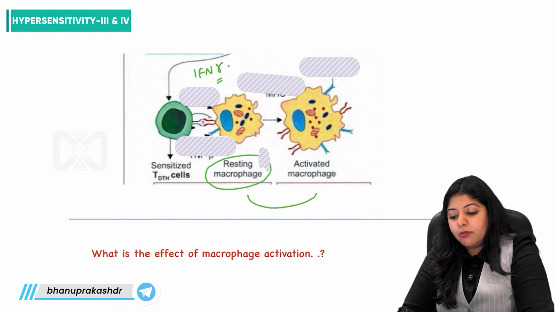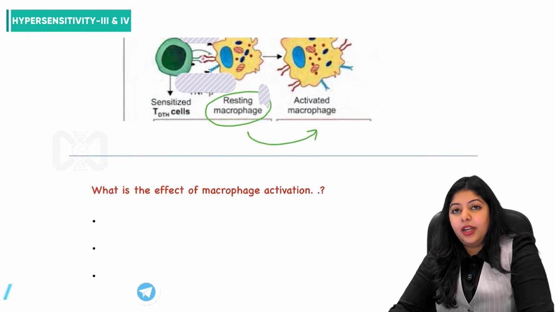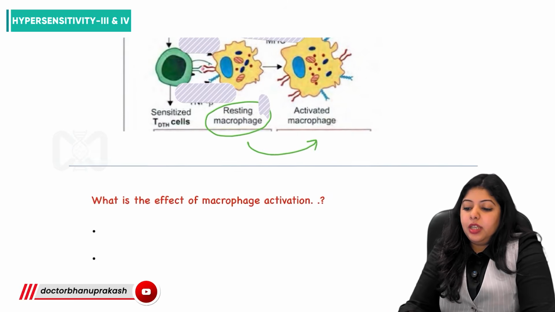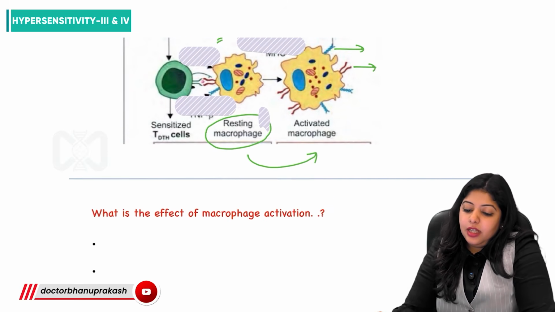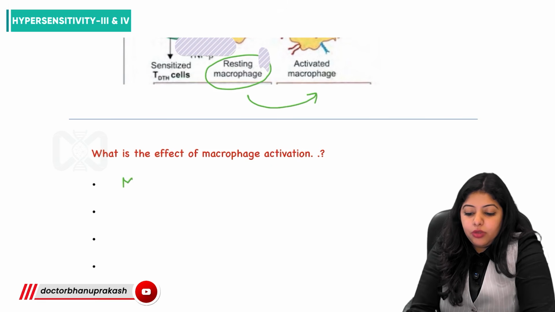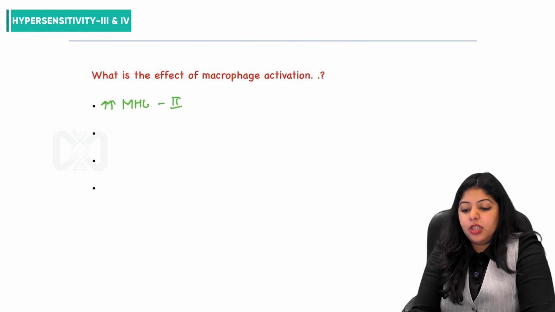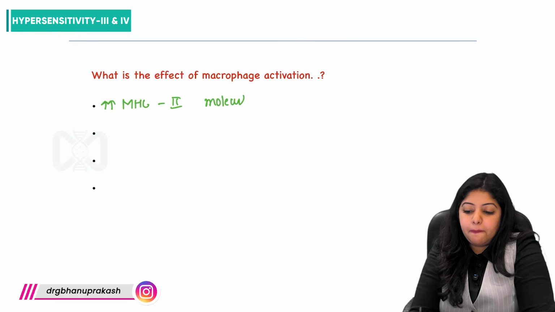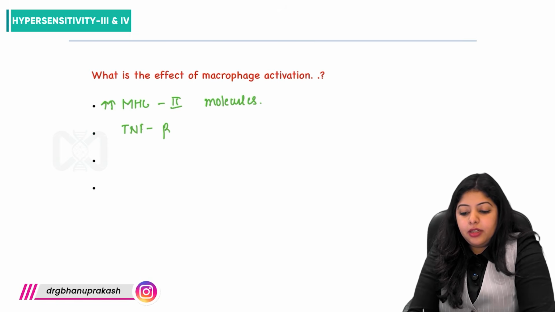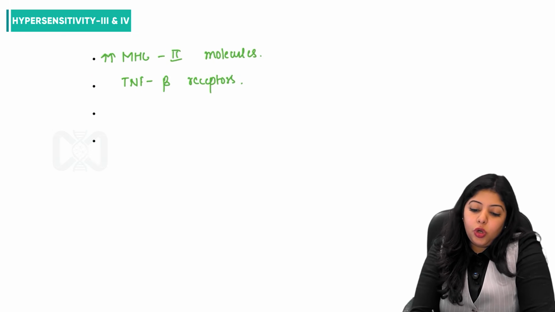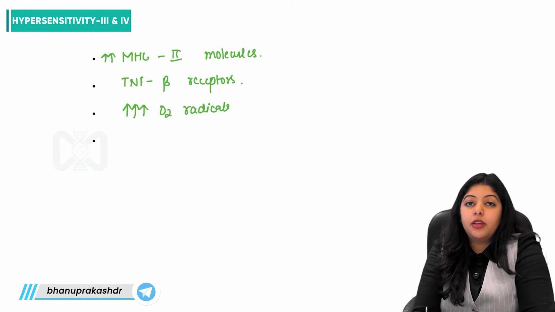Now this resting macrophage is getting activated, right? On activation, what happens? Firstly, a large number of MHC class 2 molecules are getting presented. Then a large number of TNF beta receptors are getting presented, right? A lot of oxygen radicals are getting released, right?